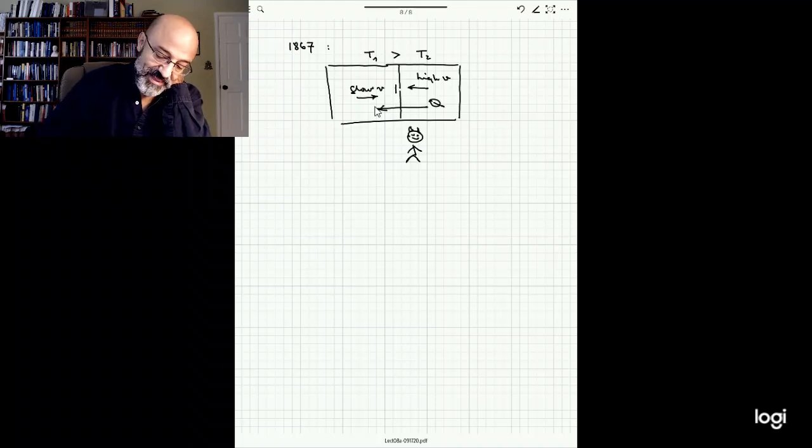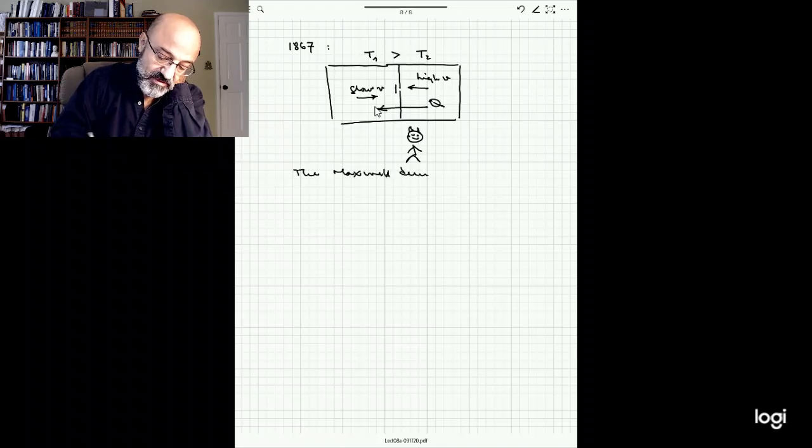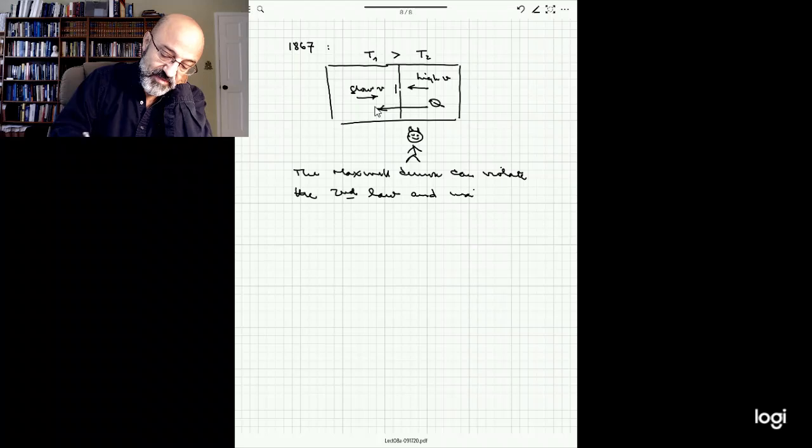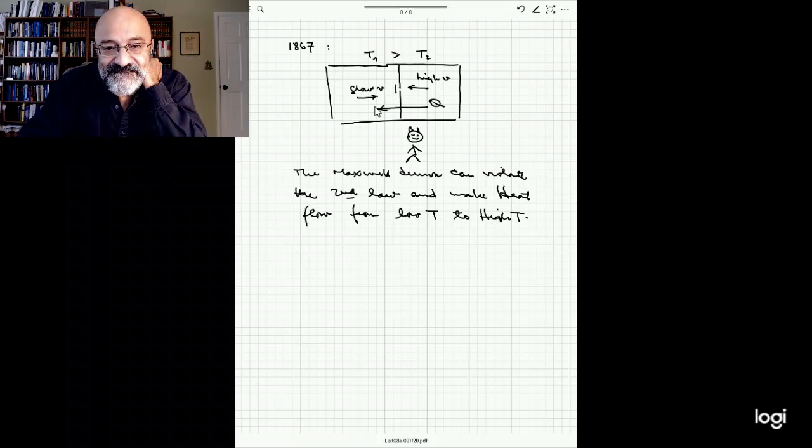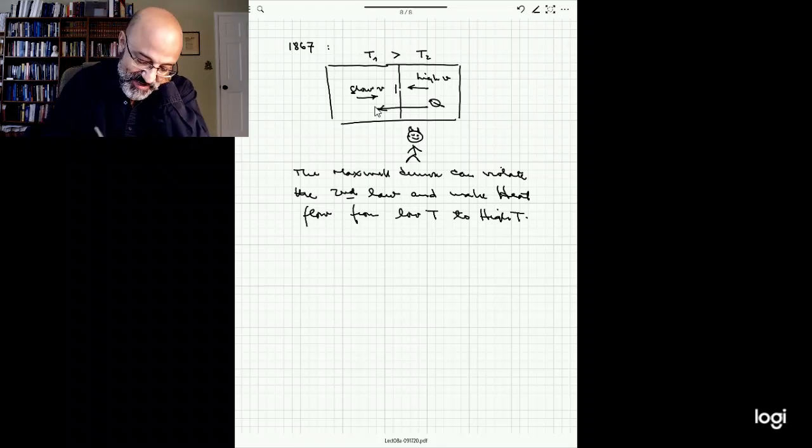So the Maxwell daemon can violate the second law and make heat flow from low temperature to high temperature. Very interesting. So this is the Maxwell daemon.